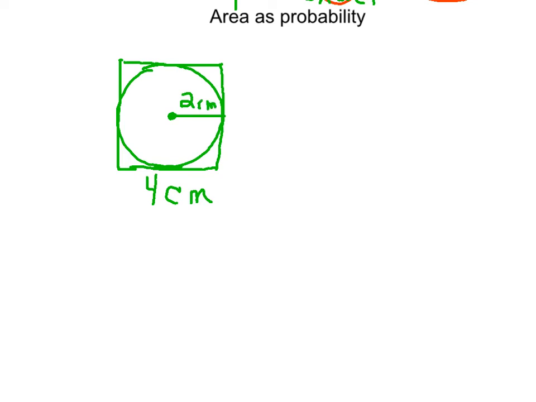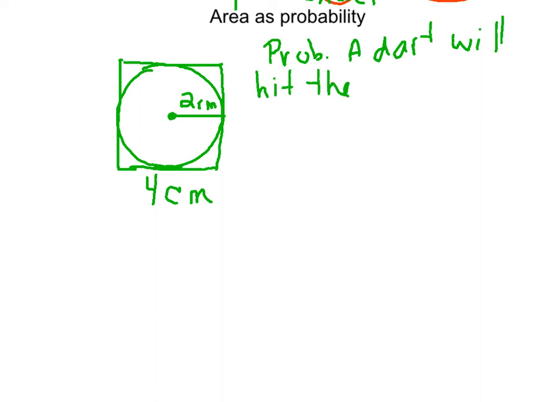Okay, and what they want to know is what is the probability that a dart will hit the circle. I'm thinking it's going to be fairly high. That's what I'm guessing. Just because there's only tiny little corners that the circle doesn't cover.